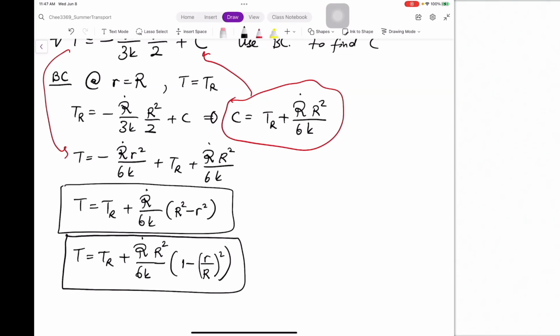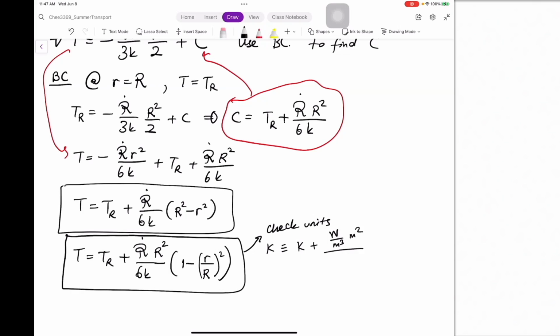And you should check the units to see whether it makes sense. Check units. Kelvin is on the left-hand side. It's Kelvin plus the R dot is watt per meter cubed. R squared is meter squared.